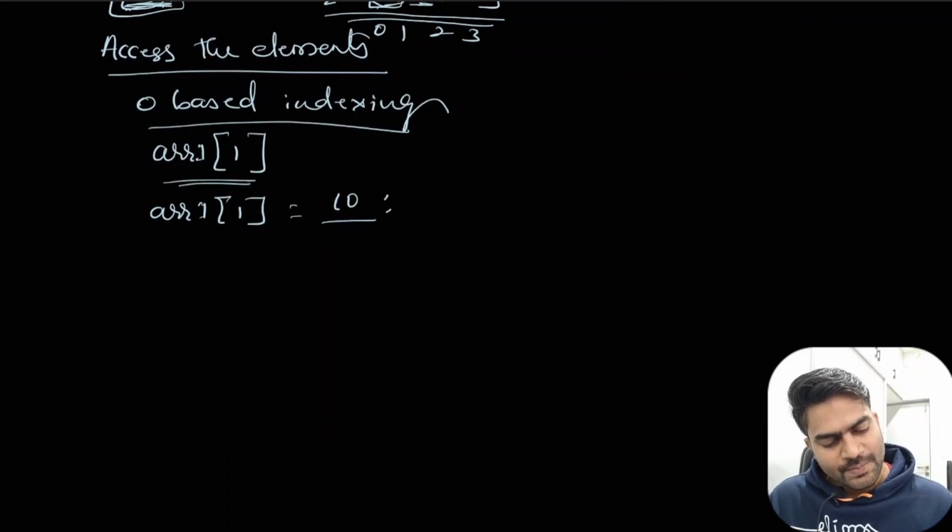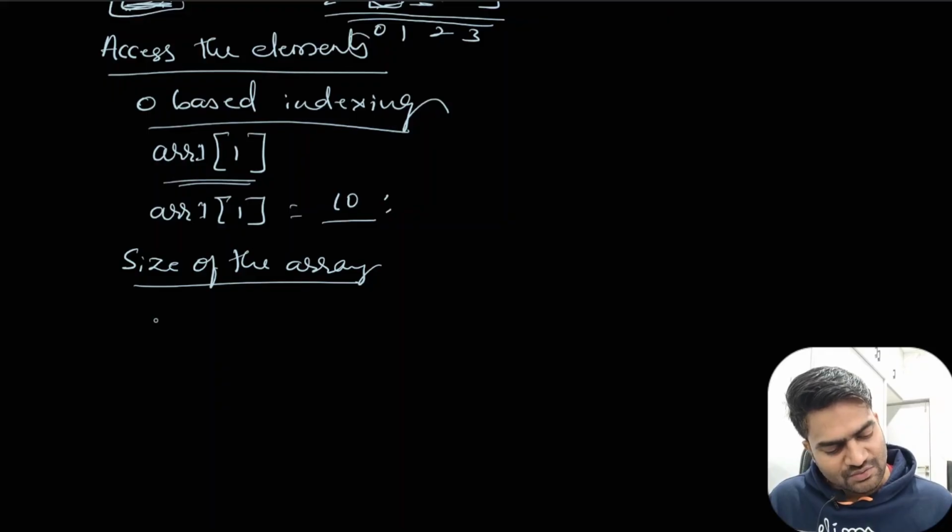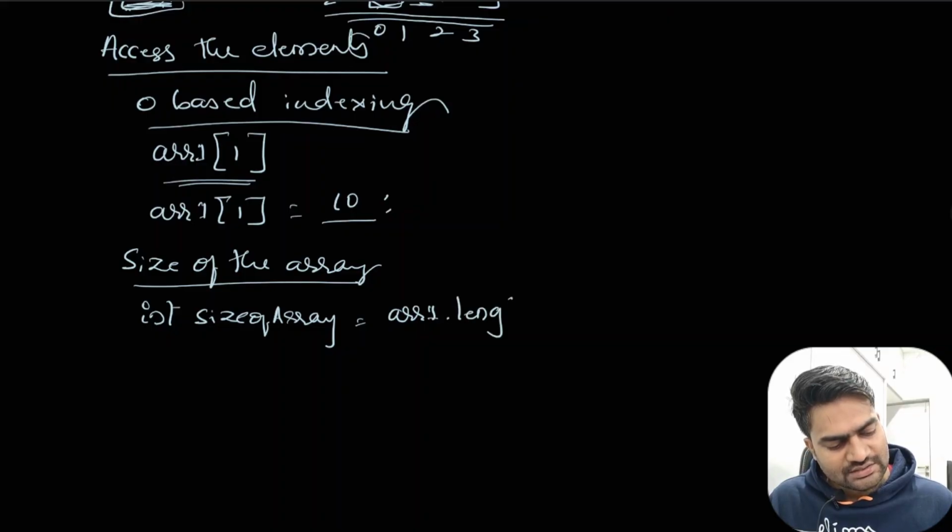Now I have some array, but I don't know what its size is. So how to get the size of the array? Basically, an array gives us a property called length, which gives us the size of the array. So if I want to know the size of the array, I can say array1 dot length.